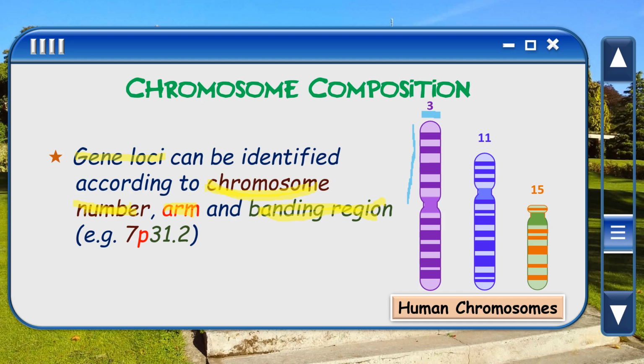The 31.3 region is somewhere here. That is around 31.2. So that's how we can locate the gene loci or gene location. We give the chromosome number, the arm, and the banding region.